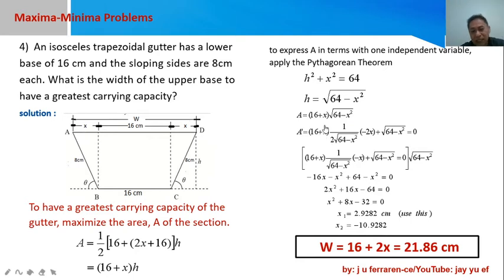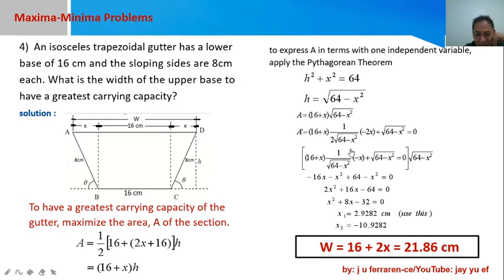After expressing the area in terms of a single independent variable, that's the time we can take the derivative of A according to the product rule. So 16 plus x multiplied with the derivative of the square root, plus the square root of 64 minus x squared times 1, and set the derivative to 0. There's a common factor, so I try to remove that.